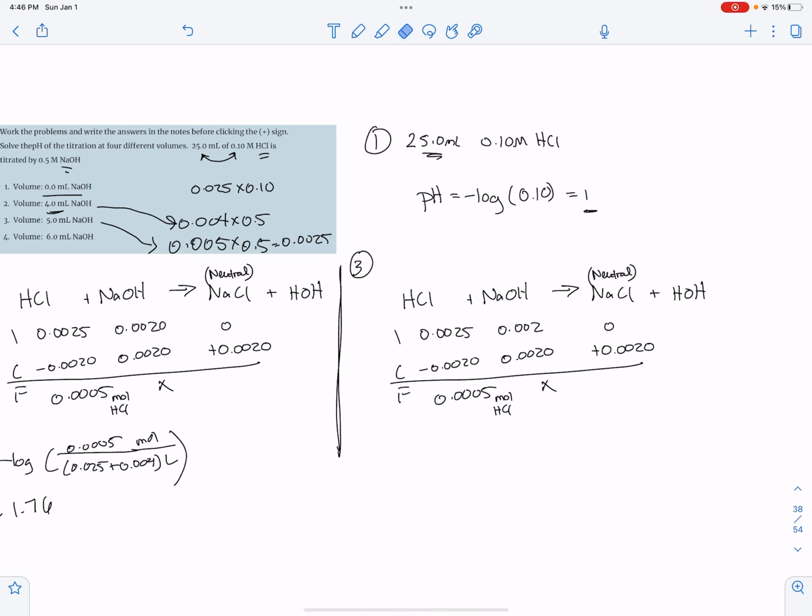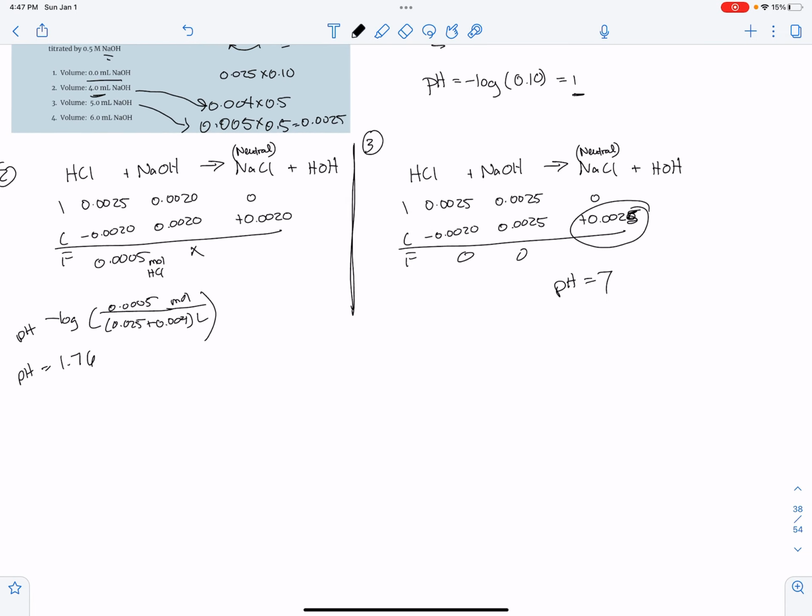So here we go. 0.025 minus 0.025 becomes 0. So I don't have any acid or base left. I've only got salt, but we already know the pH of this salt, and we know that the pH is 7 because it's neutral.